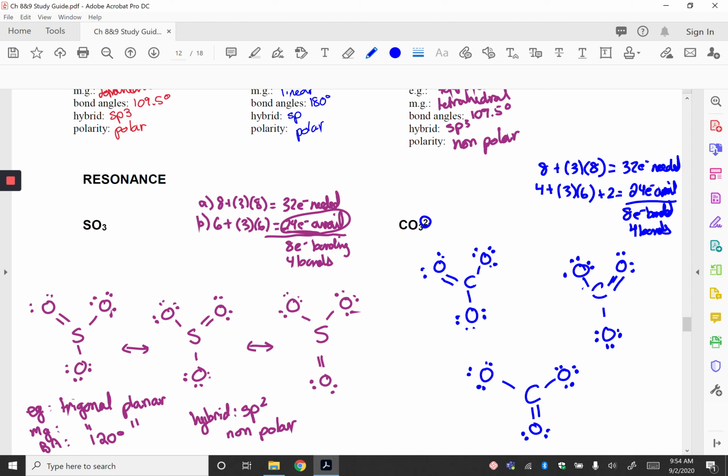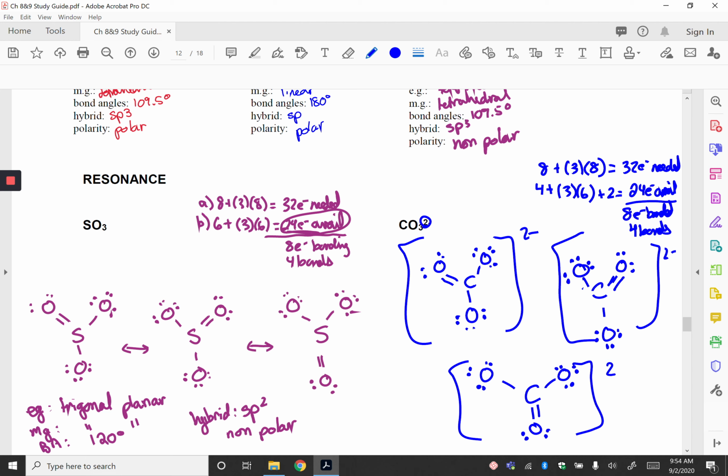One difference is that because this is an ion, we've got to put brackets around it and the charge. We didn't need to do that with SO3 because it was not an ion. And then you need to draw double arrows between each of the resonance structures. And of course, check that you've drawn 24 available electrons, which we have.